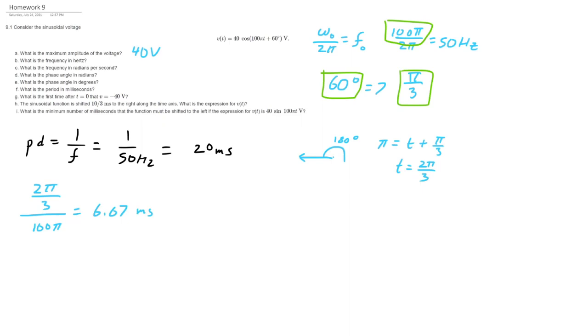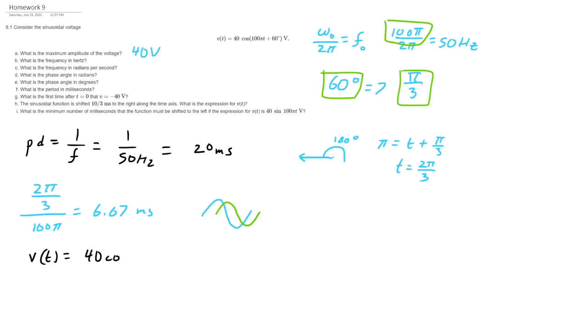Now, it also asked, what if the sinusoidal function shifted 10/3 of a millisecond to the right, then what's the expression for v(t)? So basically, our initial wave is going to look like that, and we're going to have a phase shift to move it this way. So to do this, all I've got to do is modify the argument of cosine.